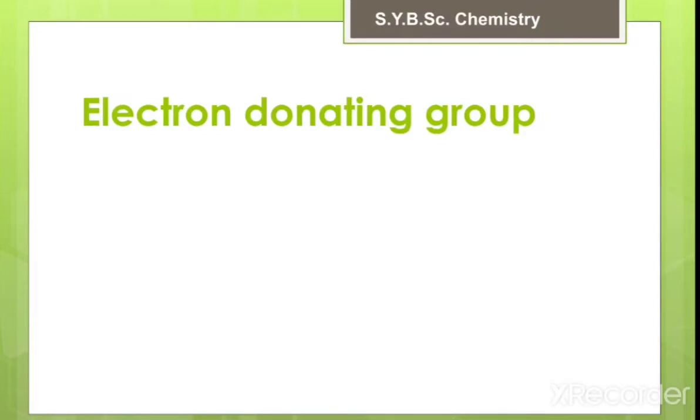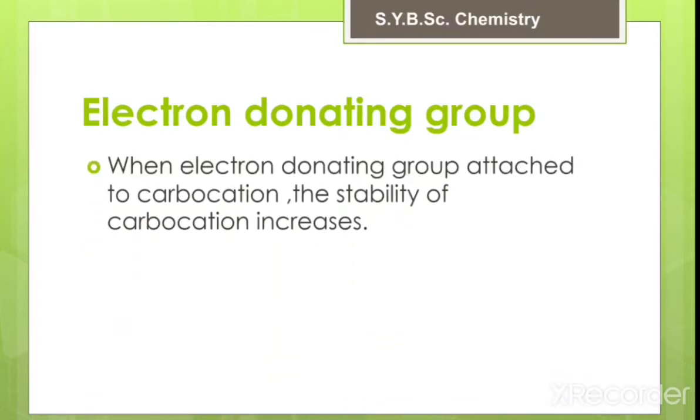That means we have to remember that when electron donating groups are present, the rate of the SN1 reaction increases. Simply, when electron donating groups are attached to the carbocation, the stability of the carbocation increases.